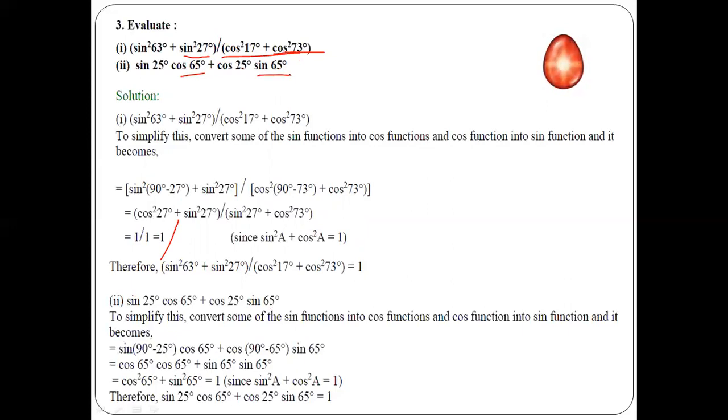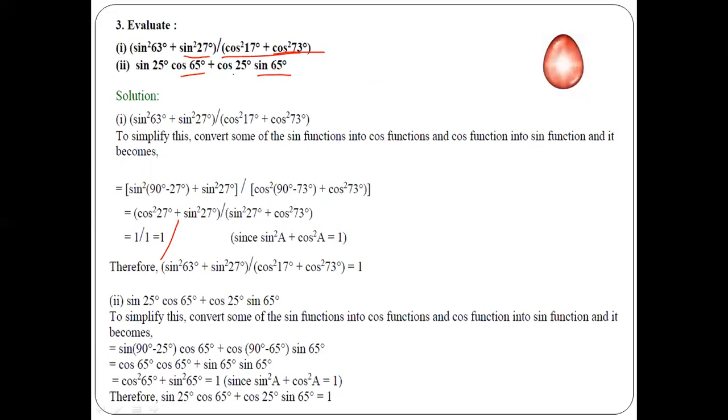So cos 65 equals sine of 90 minus 65, that becomes sine 25. Then sine 65 equals cos of 90 minus 65, that becomes cos 25. So sine 25 into sine 25 becomes sine square 25.